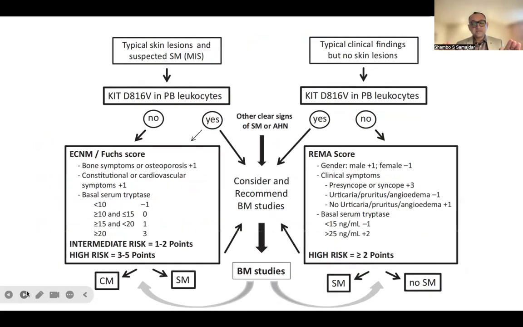In this slide, we can incorporate the REMA score and the ECNM score, by which we can get a clue on cutaneous mastocytosis or systemic mastocytosis. This is very, very important. If we have the KIT D816V mutation, then we need to consider bone marrow studies, and with the bone marrow studies we will get a more definitive diagnosis.